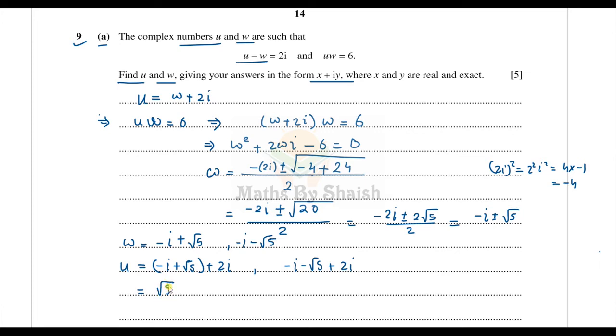I'll write the real part first, that is root 5 plus iota, that is the u value, and the next u value will be minus root 5 plus iota.